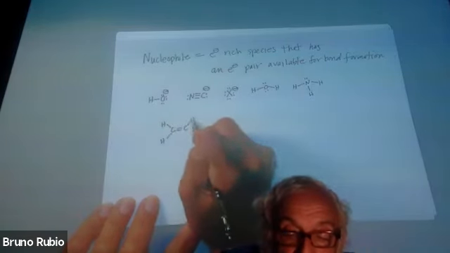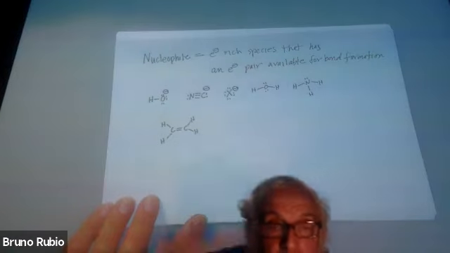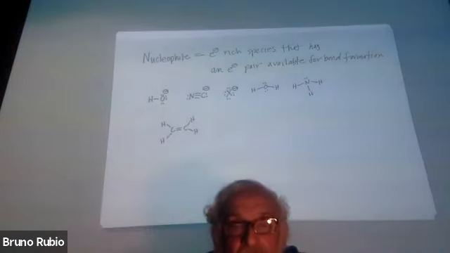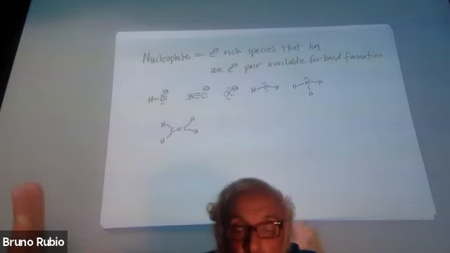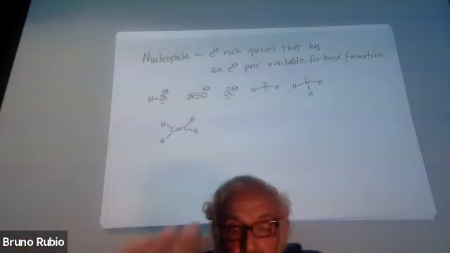Well, of course it is, because in that tiny space between two carbon atoms, you have twice the electron density that you have in a single bond. So a double bond is a nucleophile.